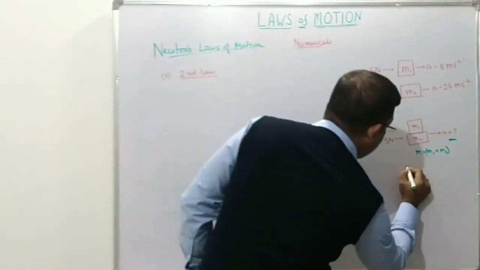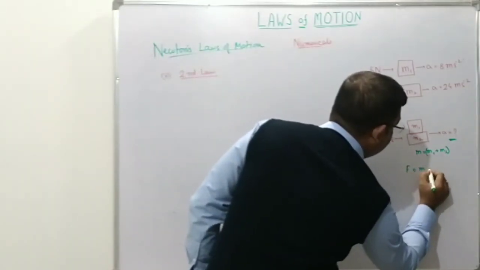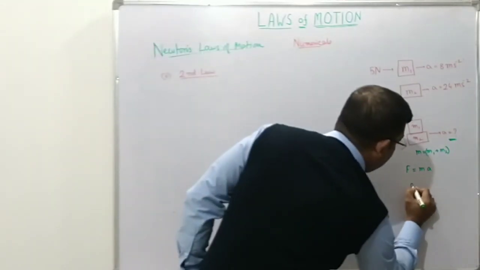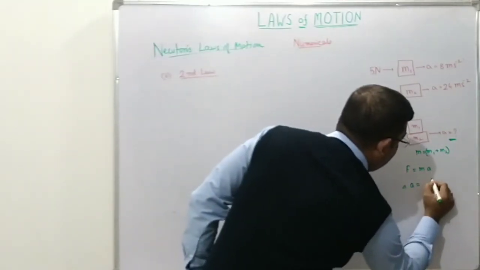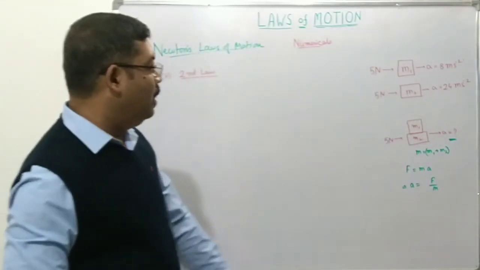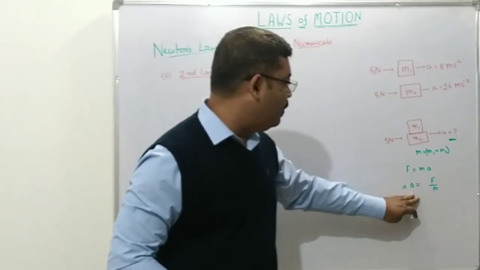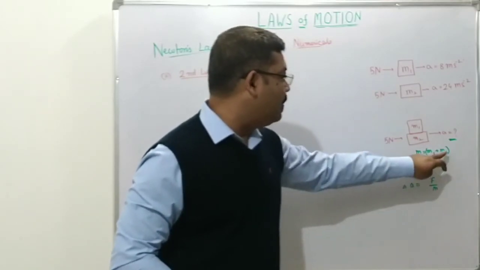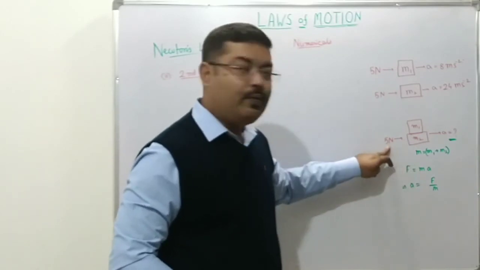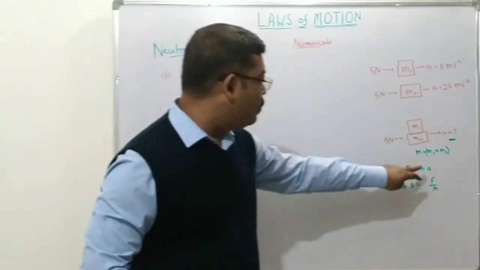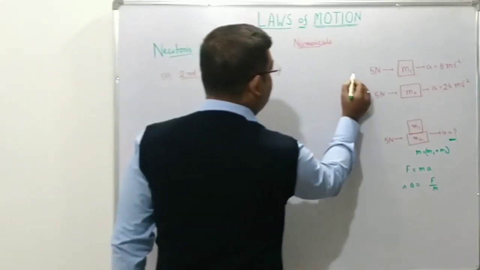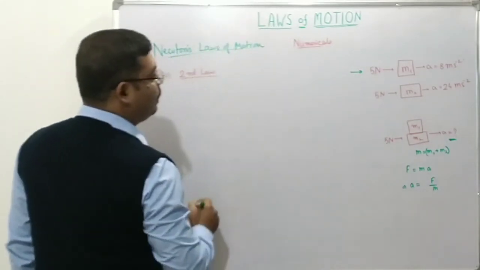Now clearly f is equal to ma, or a equals f by m. So the required acceleration can be found if we can find m, that is m1 plus m2, because f is already given to be 5 Newton. So how to find m1 and m2? To do that, let's first take help of the first equation.